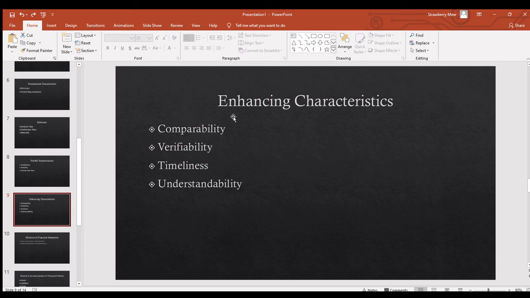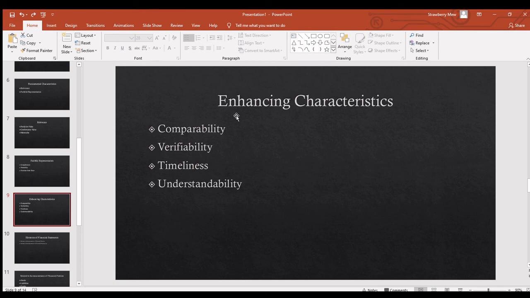An information is comparable if it enables the users to identify and understand similarities and differences, of course, in the items, right? So kapag an information is more useful if it is comparable, meaning pwede nating i-compare from previous periods to the present period regarding a specific information.